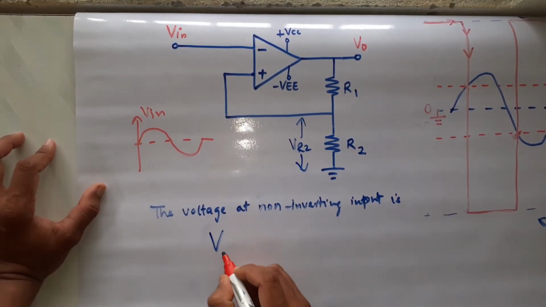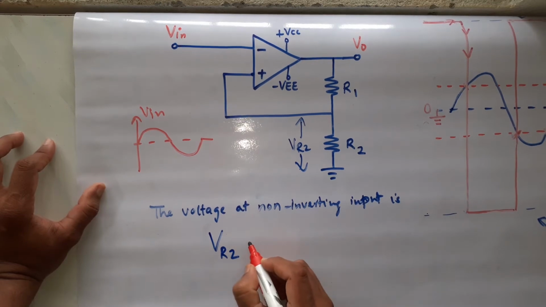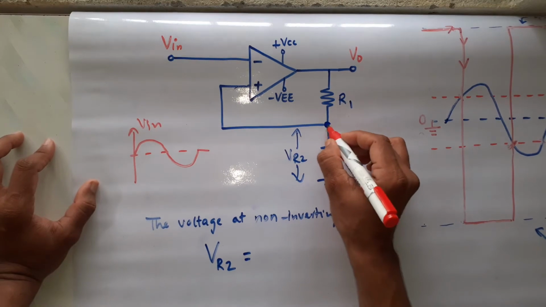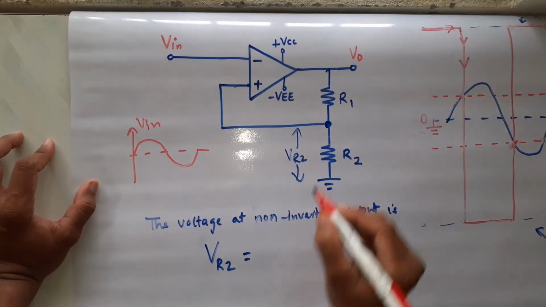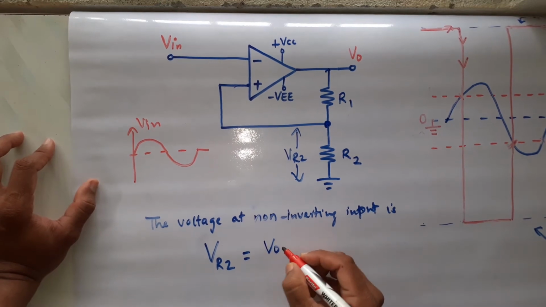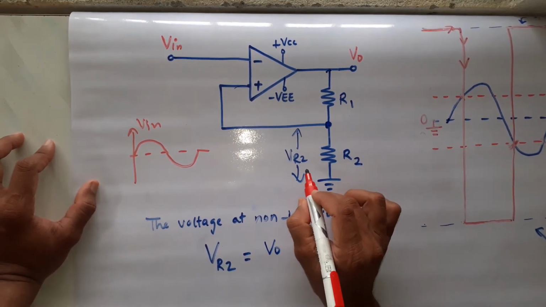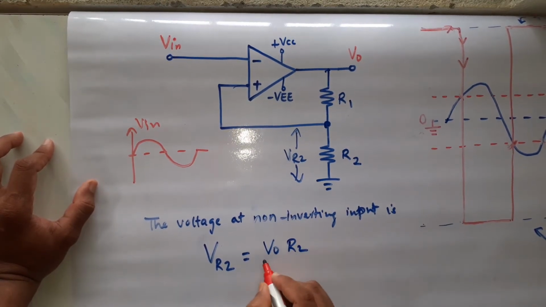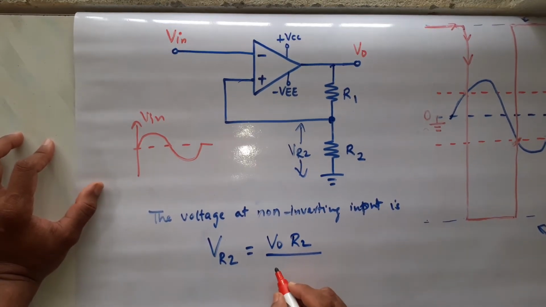How can we write VR2 voltage? What is the opposite voltage at this point? This voltage is nothing but this voltage, isn't it? What is the opposite voltage? V0. The opposite voltage for this node is V0 in the other branch. What is the resistance for VR2 voltage? It is R2 divided by the sum of the resistances.